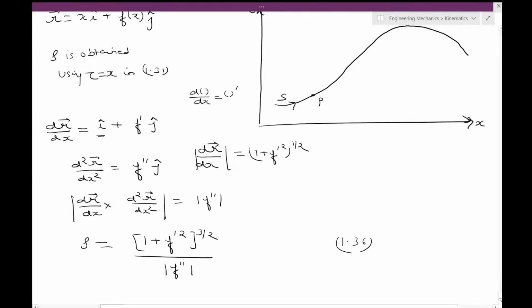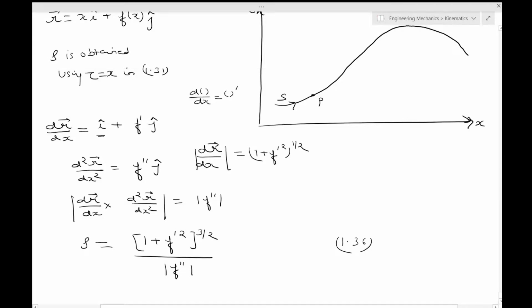It should not be very hard to visualize this. At this point, Et is this, En is this.